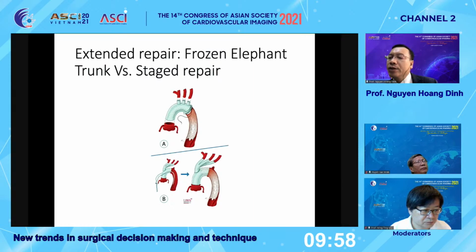The distal anastomosis is constructed at the level of the left subclavian artery. The ostium of the three arch branches is transposed to a more proximal location, leaving a 2 to 4 centimeter length of Dacron as a landing zone for the endograft. The stent graft is deployed retrograde from the femoral artery after separating from CPB or weeks later.